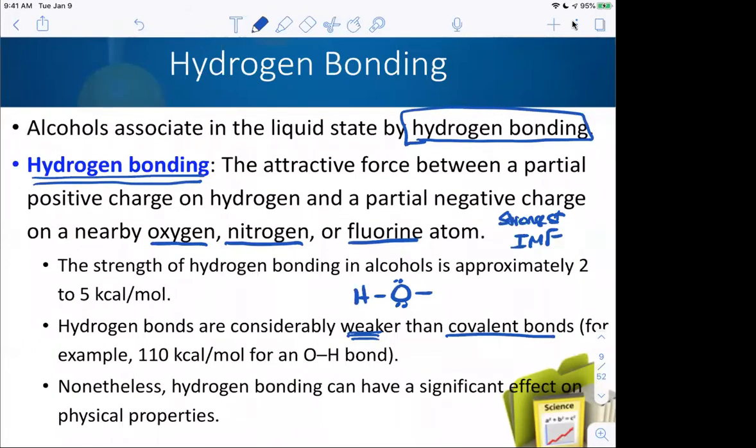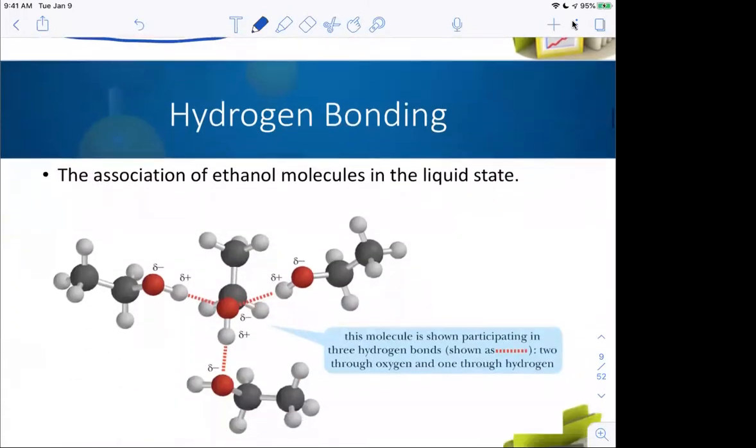So just keep that in mind. The key here is that hydrogen bonding is strong enough where it can have a significant effect on physical properties. So we have to consider what these effects would be.